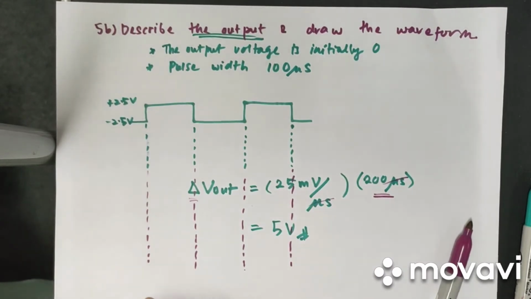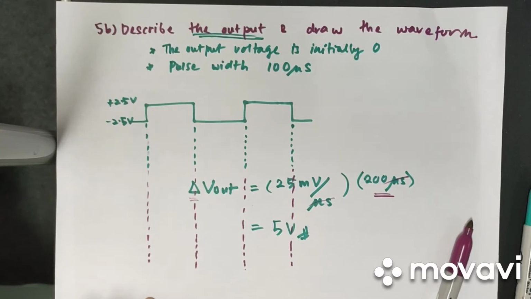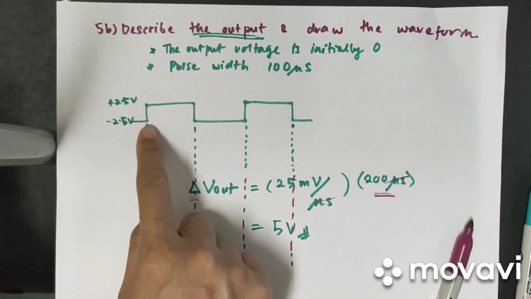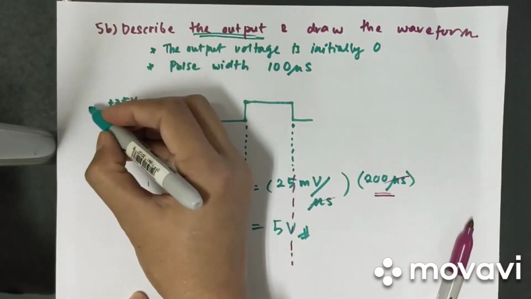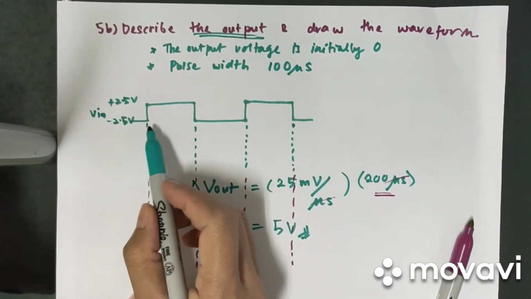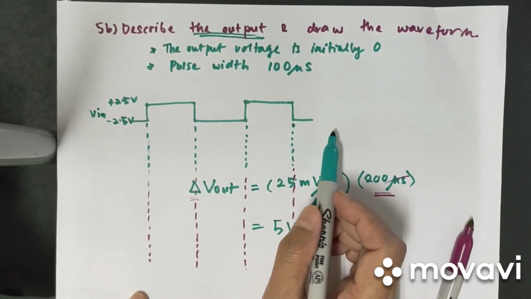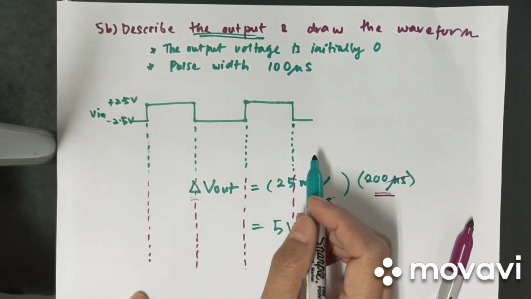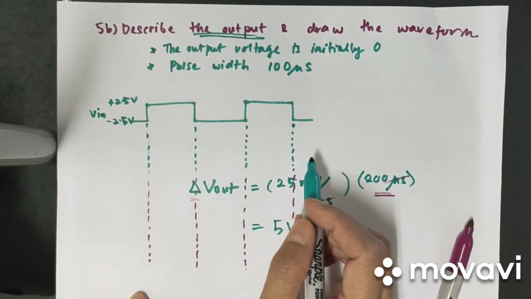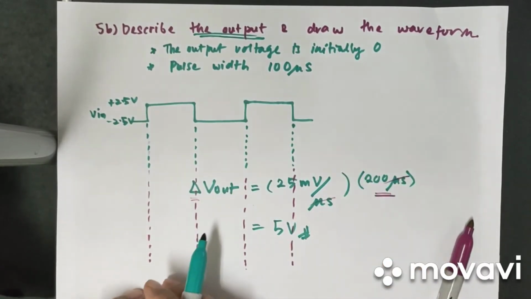Now, how to draw the output waveform. For this kind of amplifier, it is an integrator, an ideal integrator. The input V in is a square waveform, so the output will become a triangle waveform.